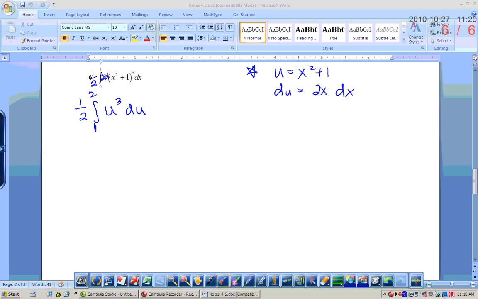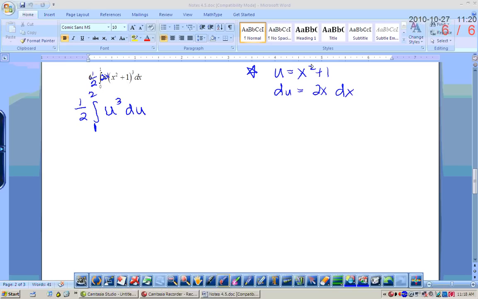The 0 and the 1, your limits of integration, are in terms of x's, because the problem is all in terms of x's. So when we substitute the x's with u's, I need to change my limits of integration so that they are in terms of u. This bottom limit of integration is a 0. Well, that's an x value.